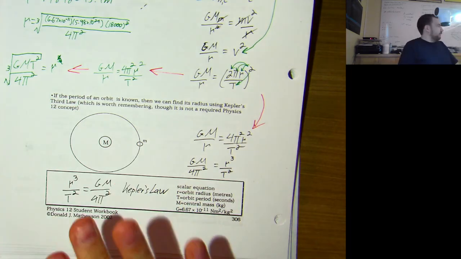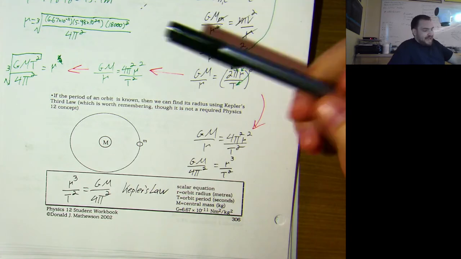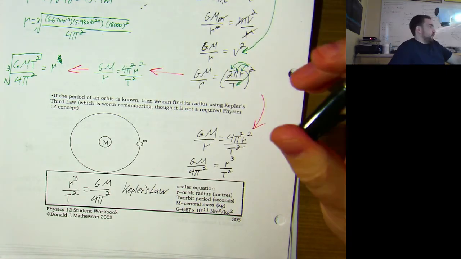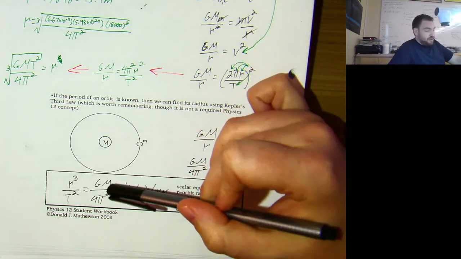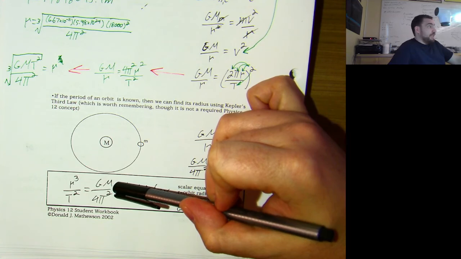There's a whole bunch of really cool relationships here. As long as we can measure how long it takes an object to orbit the other one and its orbital radius, we can find out the mass of the object in the middle. That's really cool.